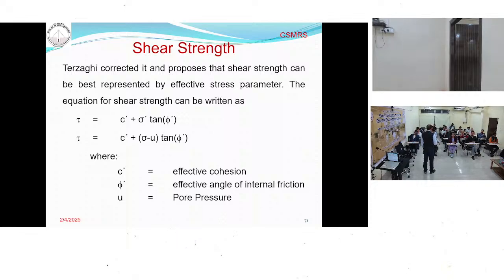So he said we should take only the force that is taken by the soil particles. My effective stress will be sigma minus u. C dash is the effective cohesion, and phi dash is the effective angle of friction.